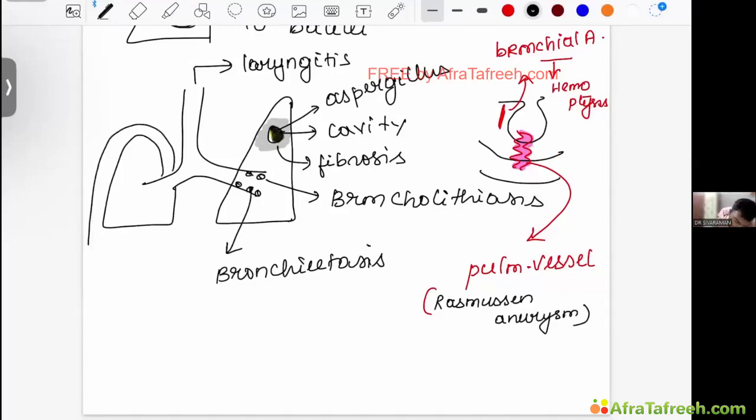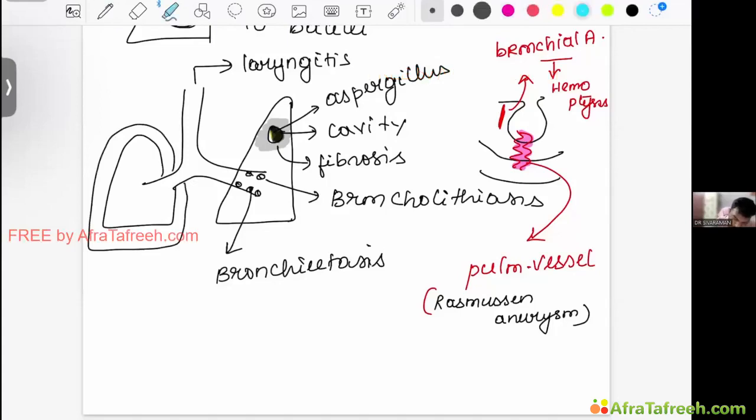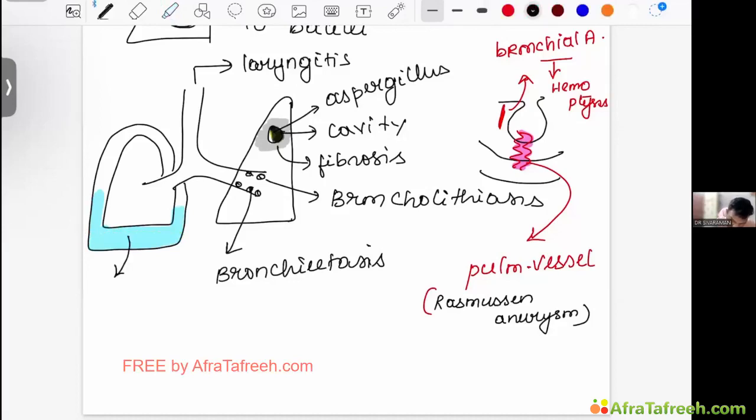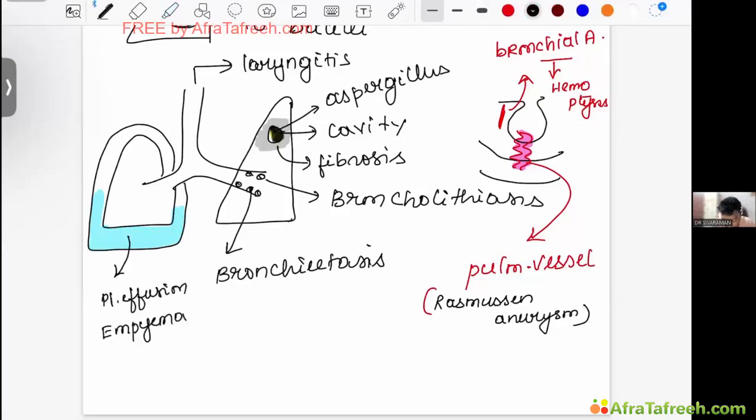Then what happens? This can cause reactive pleural effusion, and this can get infected and result in empyema. It can be filled with air, causing pneumothorax.